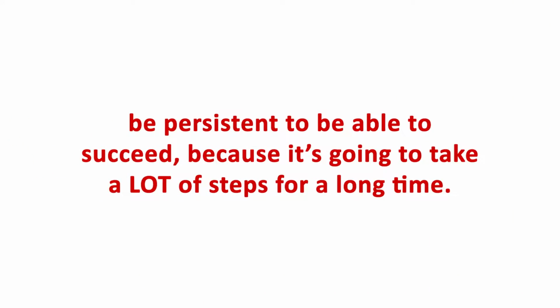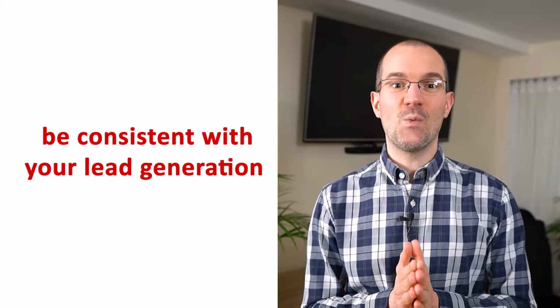Which leads us to the fact that you need to be persistent to be able to succeed, because it's going to take a lot of steps for a long time. And besides being persistent, you need to be consistent with your lead generation as well, because getting leads here and there will not get you to your end goals.